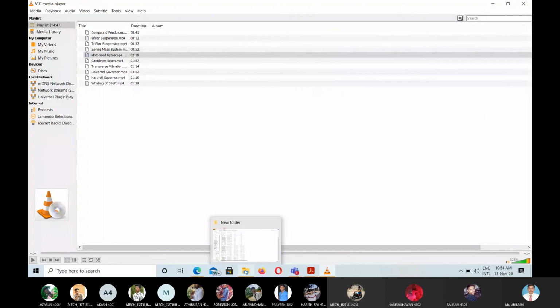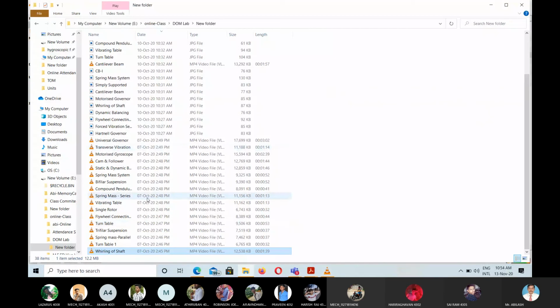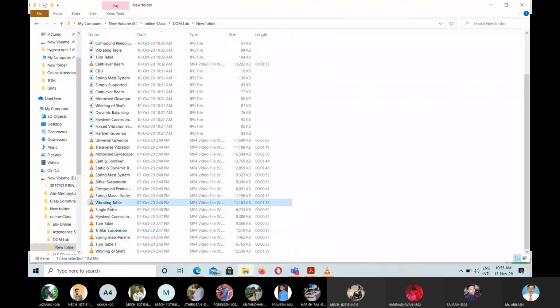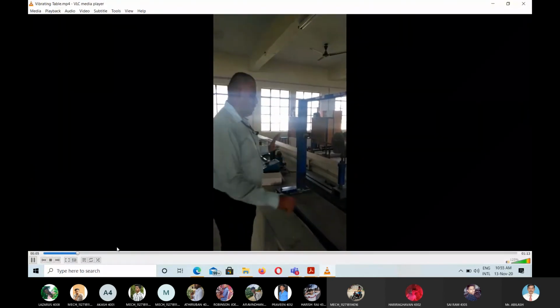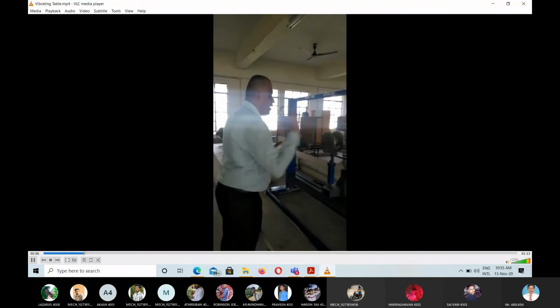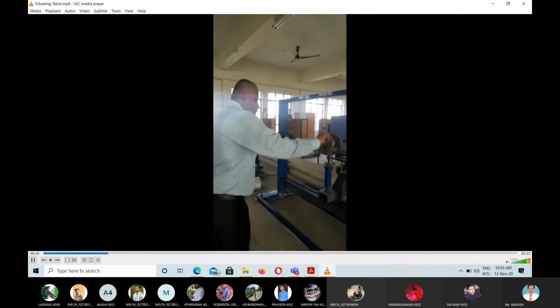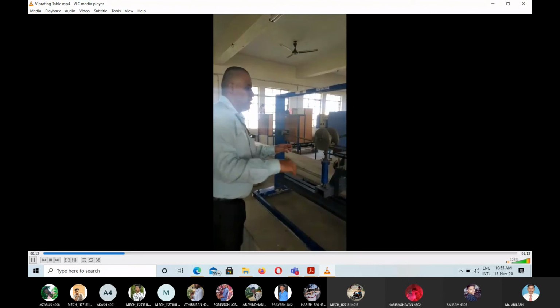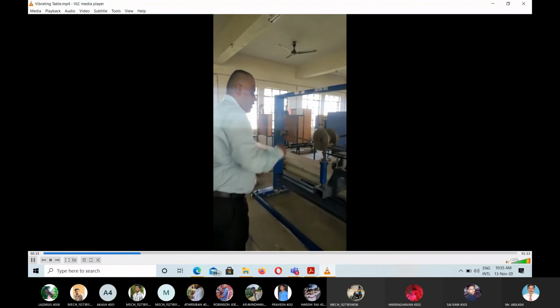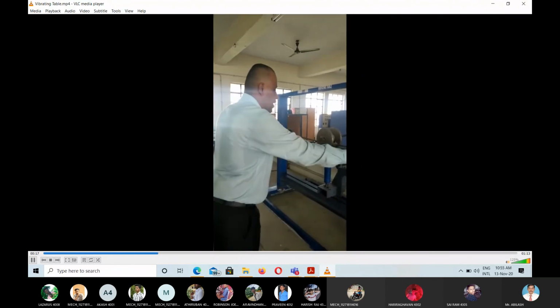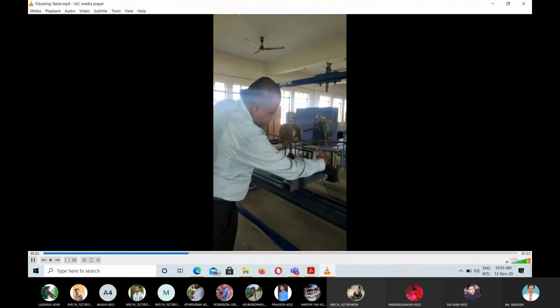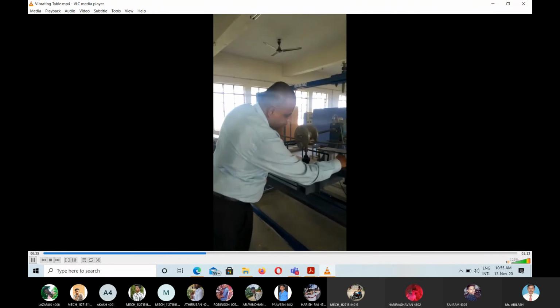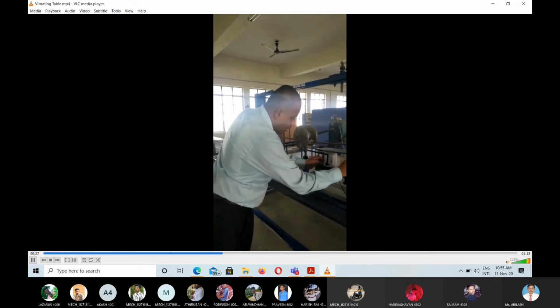Next, let me explain the vibrating table. Students, the next experiment is the vibrating table. Here the experimental procedure is that this rotor produces an unbalance to the system, and this spring provides a deflection. Here you have a graph plotter, and with this plotter you are able to get the reading.